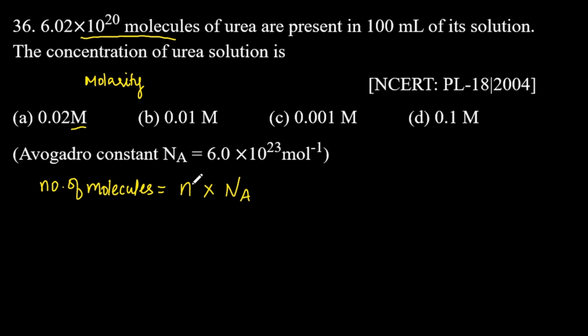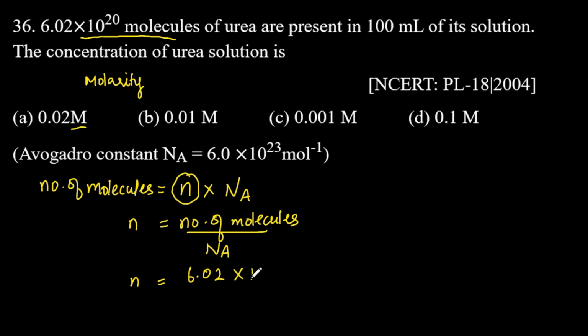Number of molecules is already given, so you have to find the number of moles. So if you rearrange, number of moles is equal to number of molecules divided by Avogadro number. So n is equal to 6.02 into 10 power 20 divided by Avogadro number 6.02 into 10 power 23. So if you solve this, you will get the answer 10 power minus 3 moles.